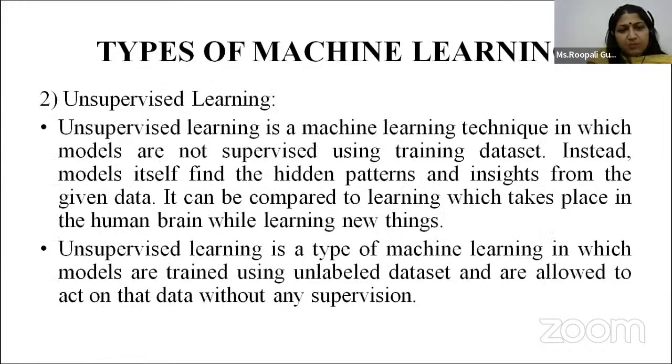Next is unsupervised learning. As the name signifies, we don't have any supervision for that data. For unsupervised, we don't have any supervisor, we don't have any trainer. So what the machines do is learn by themselves.